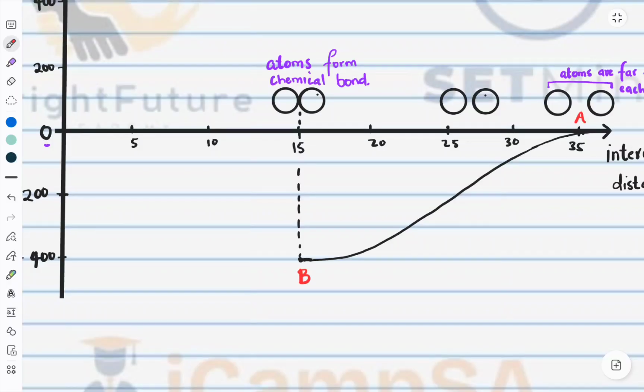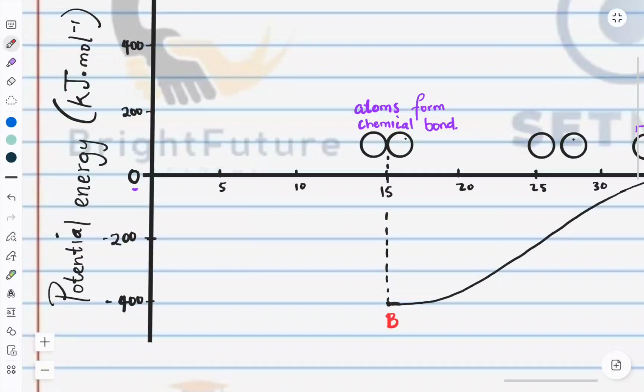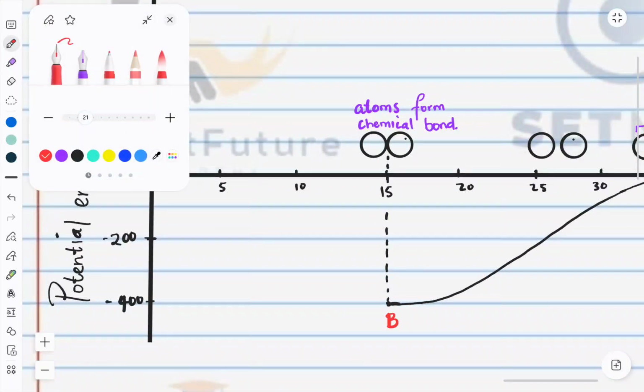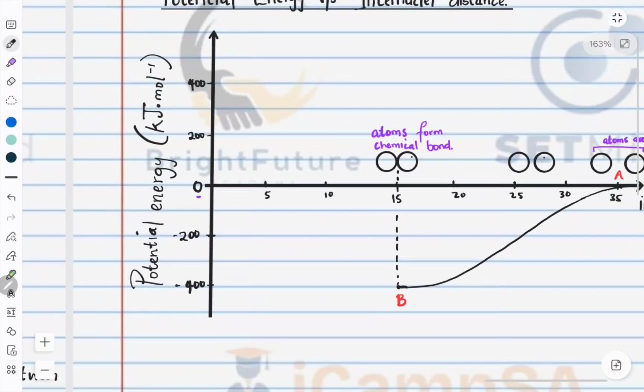And then if they continue, and let's say we try to force them close to one another again, what will happen is this potential energy will start to rise.